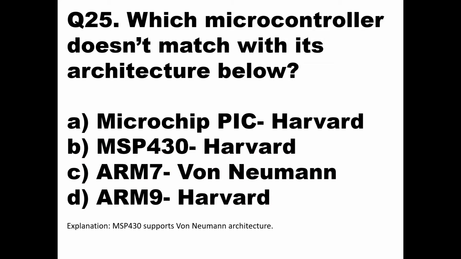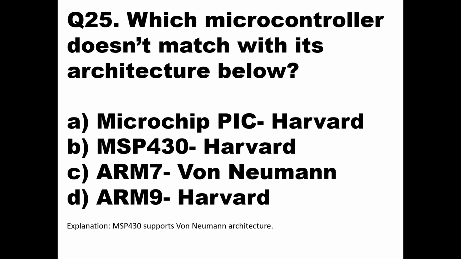Which microcontroller does not match with its architecture below? The options here: option A says a Microchip PIC microcontroller has Harvard architecture, MSP 430 has Harvard architecture, ARM 7 has von Neumann architecture, and ARM 9 has Harvard architecture.